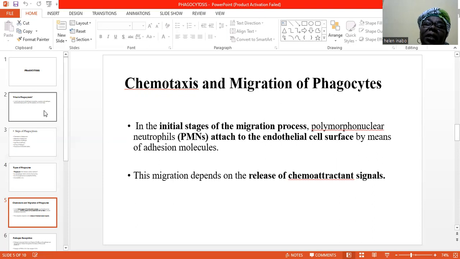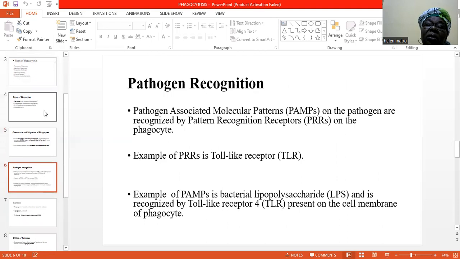And this means that the phagocytes should migrate quickly to the site of infection. Polymorphonuclear neutrophils attach to the endothelial cell surface by means of adhesion molecules.